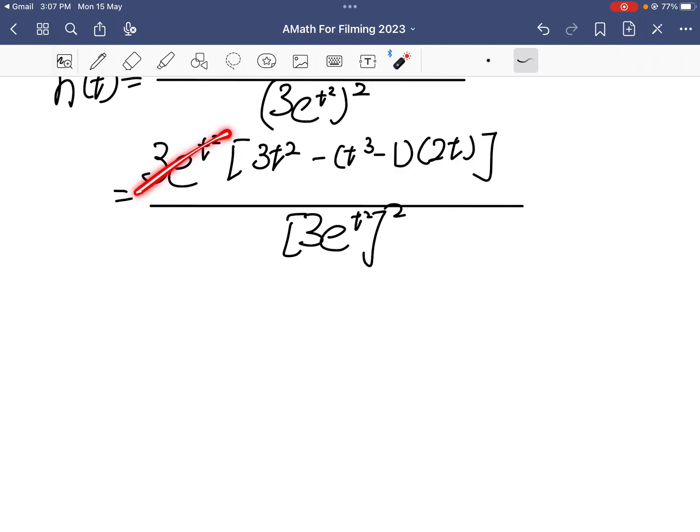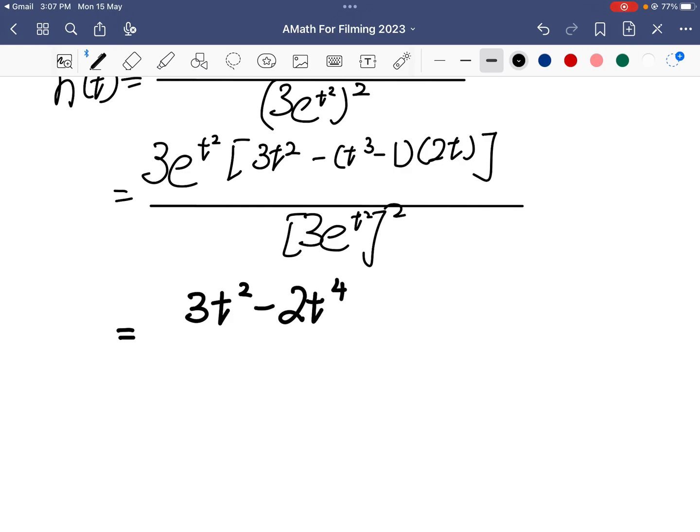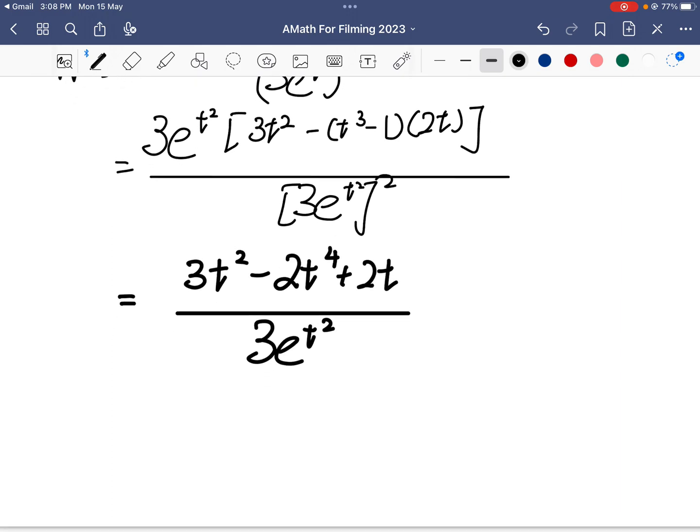E to the power of t squared, you will eliminate with one of these. So what I'm left with now is 3t squared minus 2 times t to the power of 4 plus 2t, divided by 3e to the power of t squared.